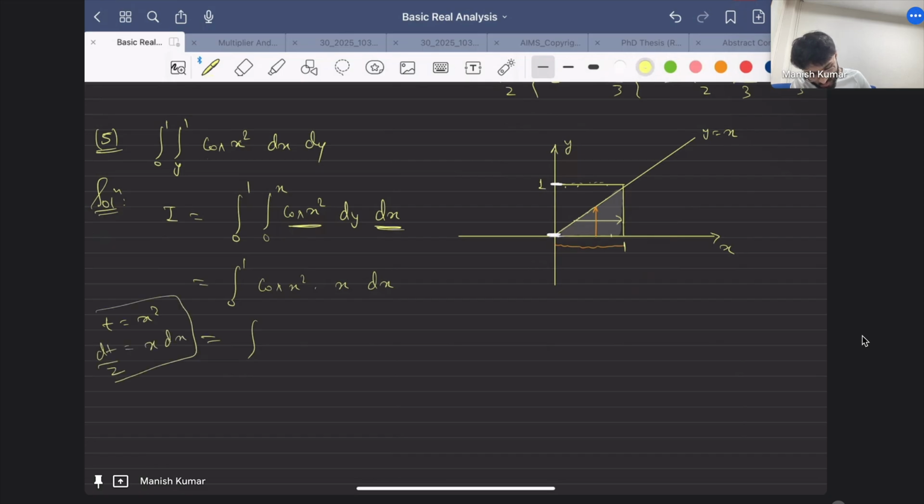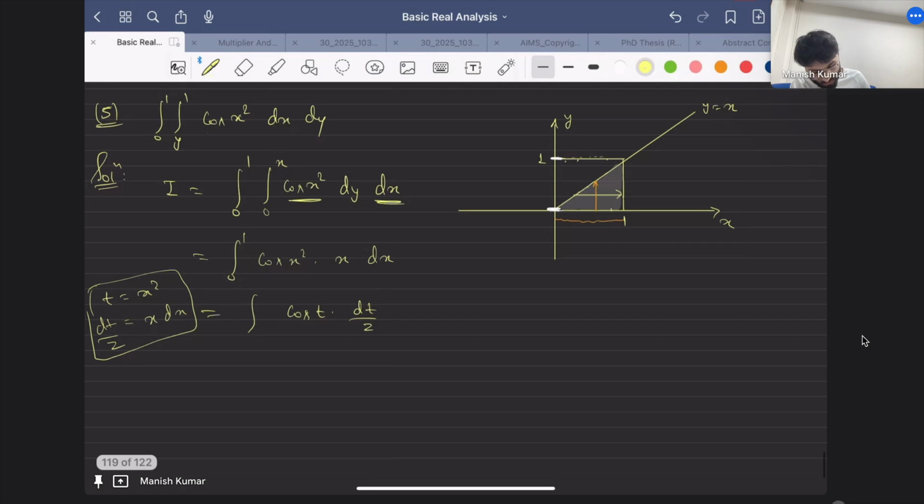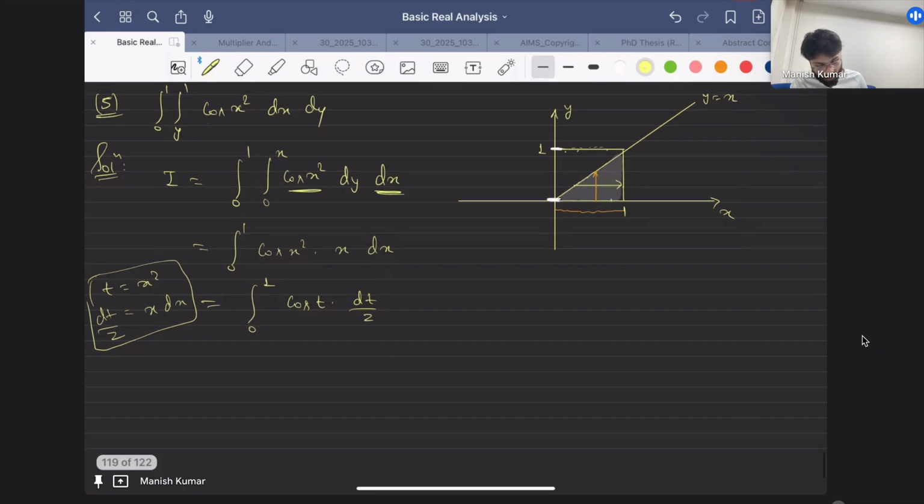So I'll get cos of t, and then dt by 2, and the limit would be from 0 to 1. Same thing. Now if I integrate, 1 by 2 integration of cos would be sine t from 0 to 1. So this is half sine of 1, right?